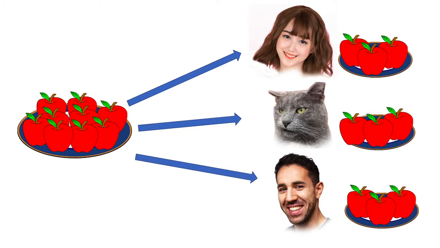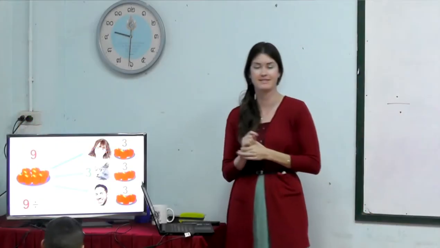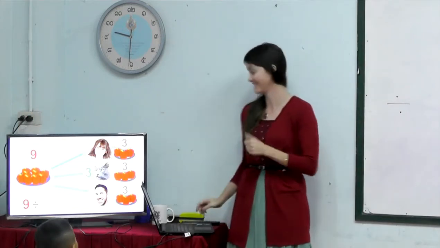So let's look at our numbers. We started with 9 apples, 3 friends, 3 apples for every friend. So if we see this as a math problem, we have 9 times? No. Divided. Everybody say divided. Divided. Good.